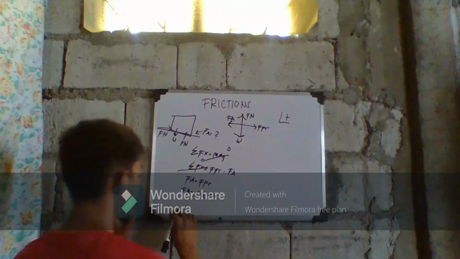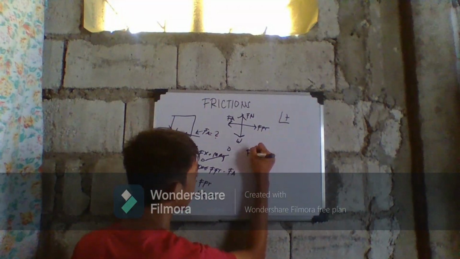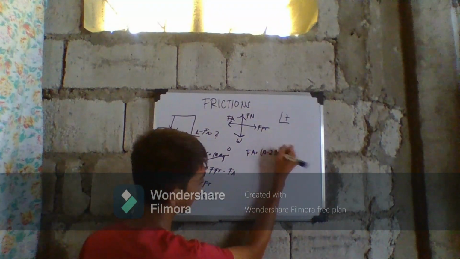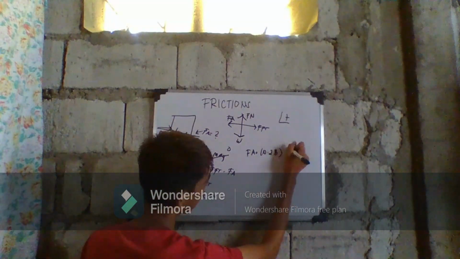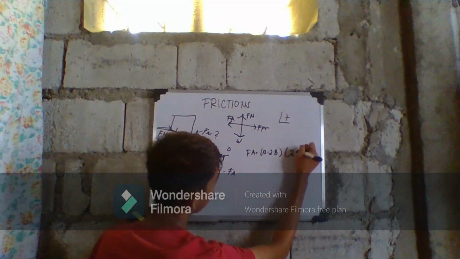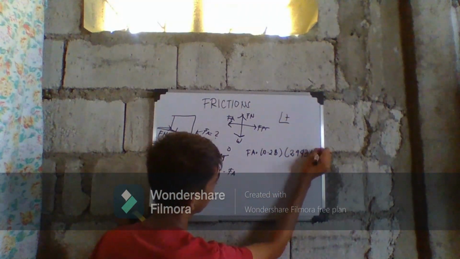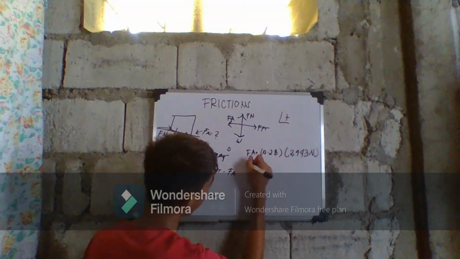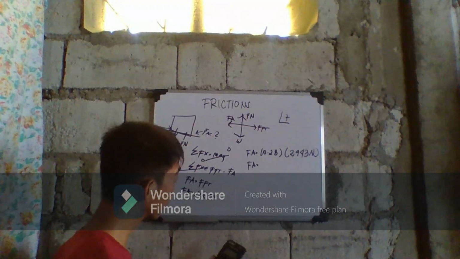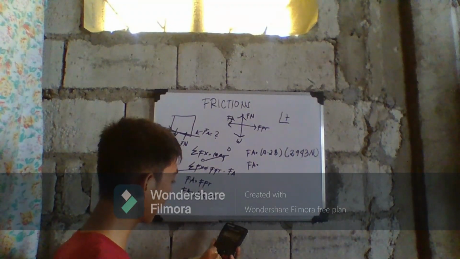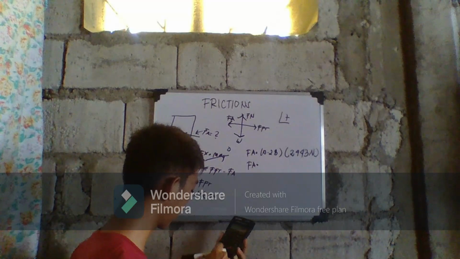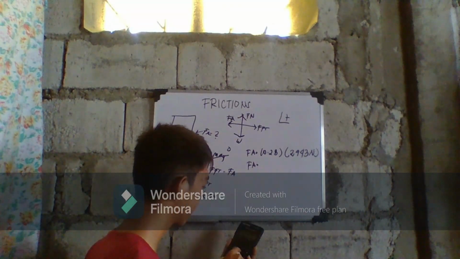So, F_A equals 0.28 times 2,943 Newton. By calculating sa F_A natin, meron tayo, 0.28 times 2,943.